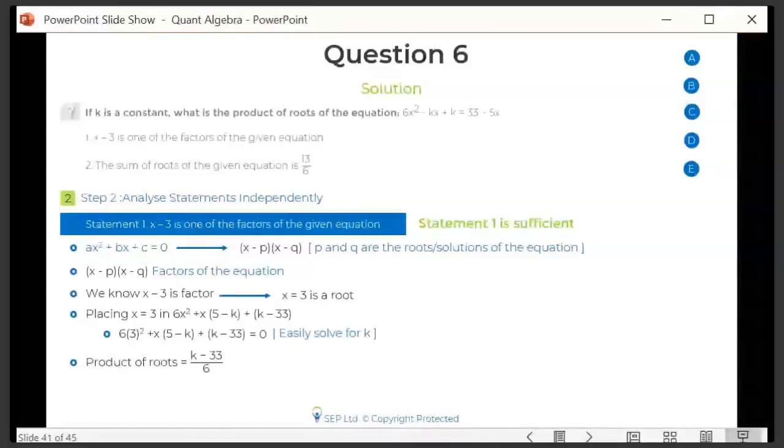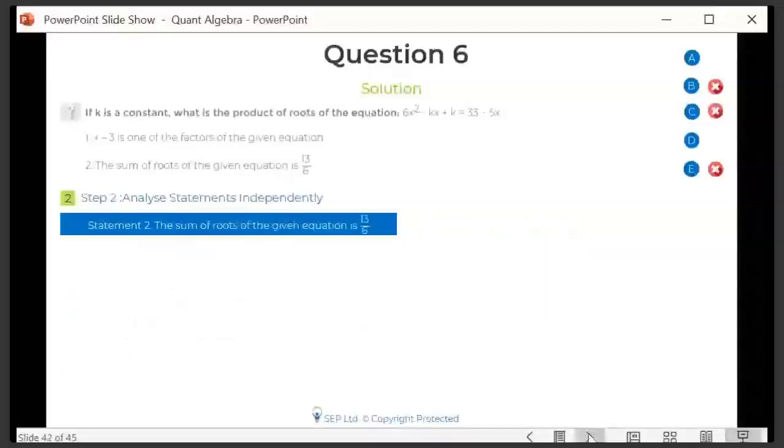Now, let's very quickly come to the second statement. The second statement is very easy. If the sum of roots is 13 by 6, then I know my sum of roots is minus b by a. We know this, right? And we've already simplified the equation. After simplification, we knew a was 6, b was 5 minus k.